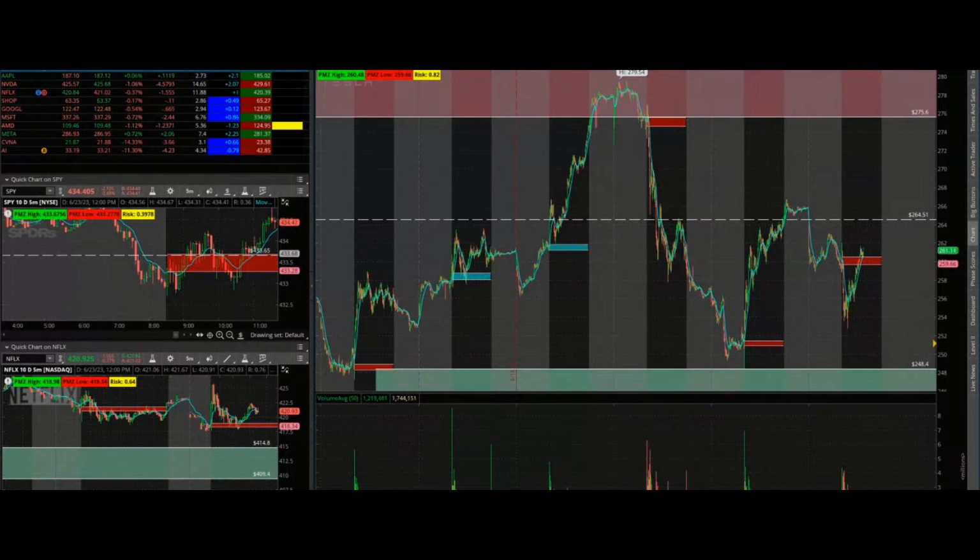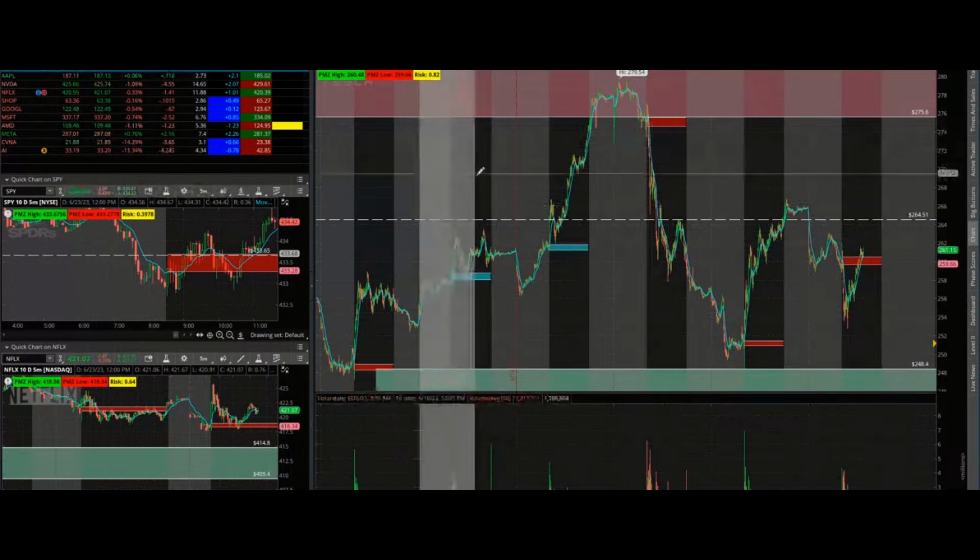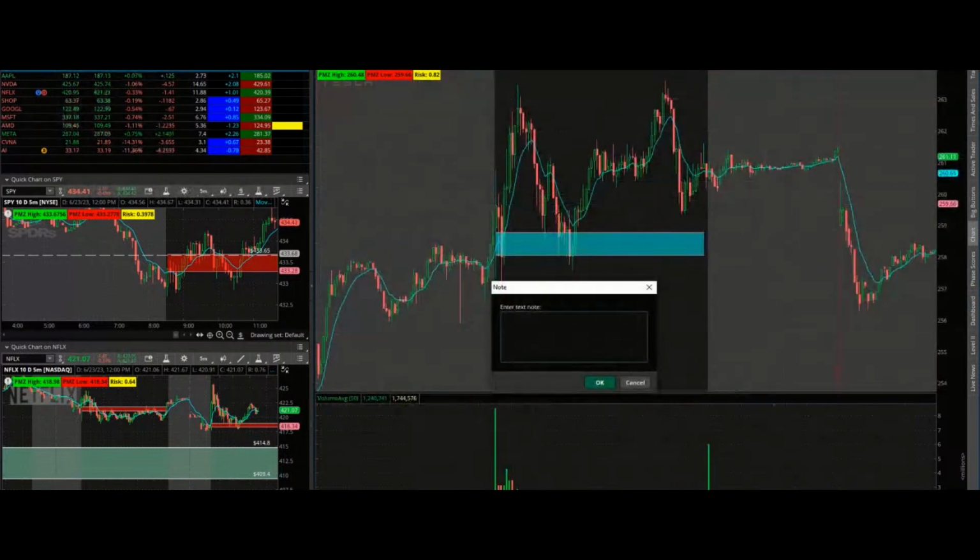I'm basically working through system one and system two. System one has a, let me see, is there a drawing tool on here? Regardless, I think I could do a text box. So essentially what I was doing is system one has a 1-to-1 risk reward with an 80% hit rate.